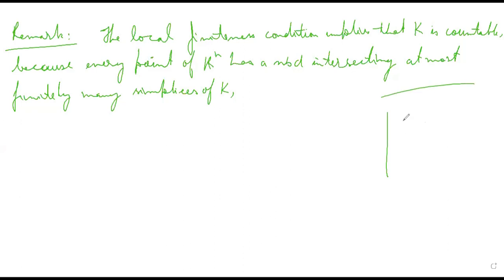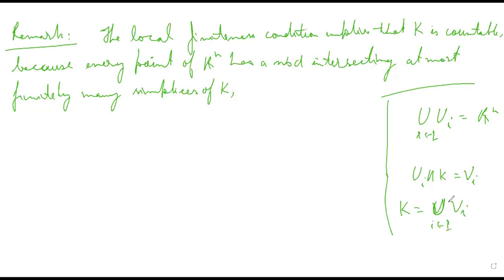You see, this is a countable cover of Rn, and each Ui intersection K, suppose this is Vi, is finite. Then K will be the union of the Vi, i belonging to I. But these Vi are finite sets, and the index set I is countable.